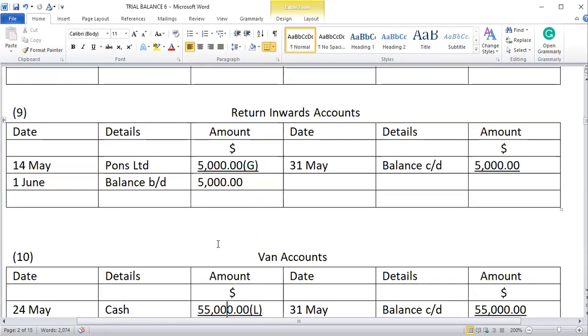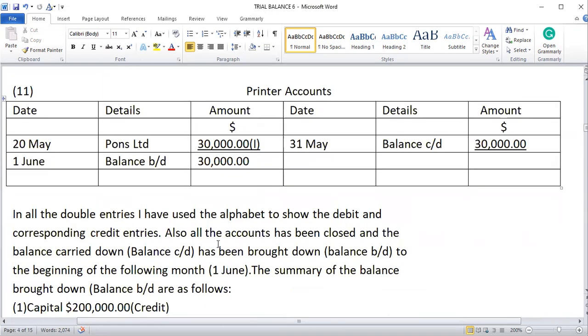I've closed all the accounts. So let us go to the same thing that I explained. In all the double entries, I have used the alphabet to show the debit and corresponding credit entries. As I said, for example, this one is I. So when you go to the Ponds Limited, you see I also indicated the transaction and so forth.